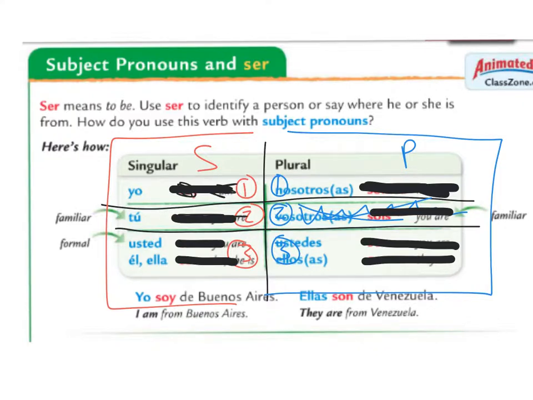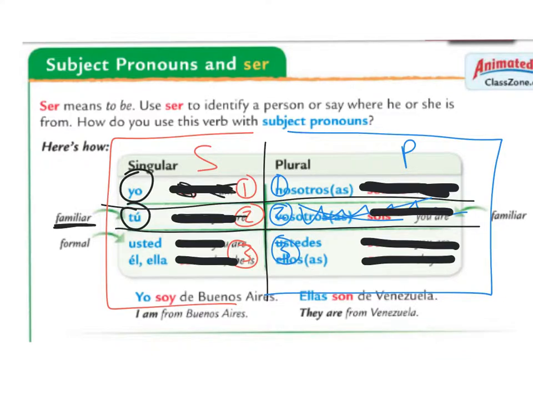So, in order to say I in Spanish, you would say yo. In order to say you, you would say tú. But here's the thing. In Spanish, there are two ways to say you, but in English, there is not. You have the tú, which is the familiar form, which would be any person that you would be talking to that's either your age or that you're familiar with, that you're friends with.